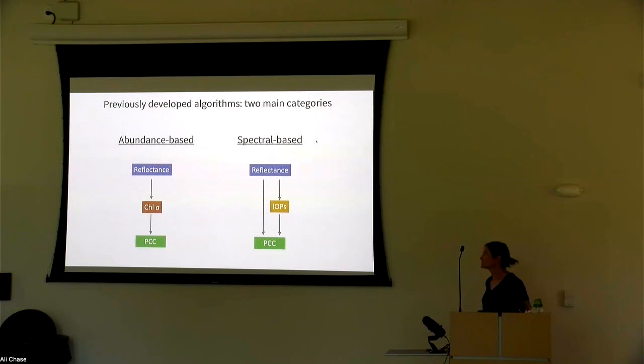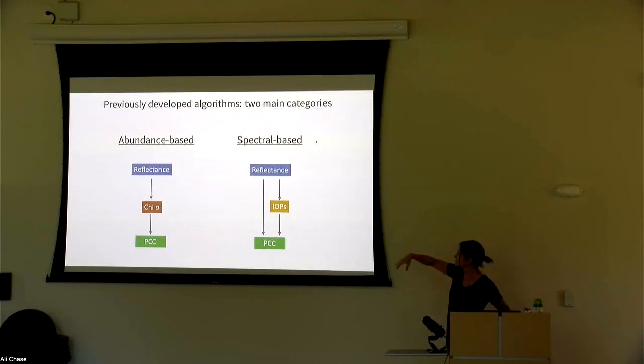And then spectral-based is linking some feature, or using the spectra in some way, to directly assess phytoplankton community composition, either from RRS PCC or via IOPs. Of course, measuring in situ, you could measure IOPs directly and look at PCC, but from space, we're starting with reflectance.